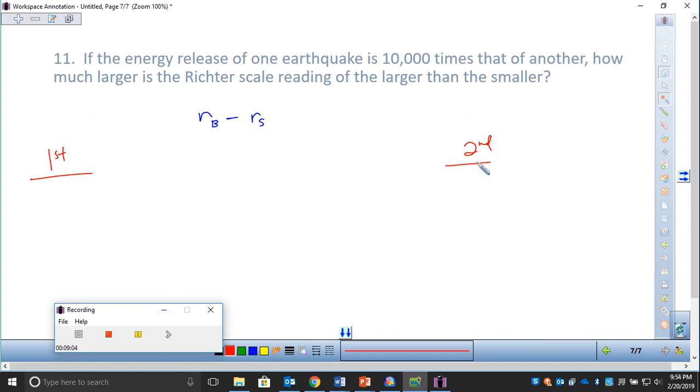One easy way to go through this is just to plug in a number. We're talking about the energy release, so the scale reading is not 1,000 times bigger. The energy release is 10,000 times that of the other. So if I say my energy for the first one, energy sub 1, is 1, then the energy for the second is 10,000 times 1, which is 10,000.